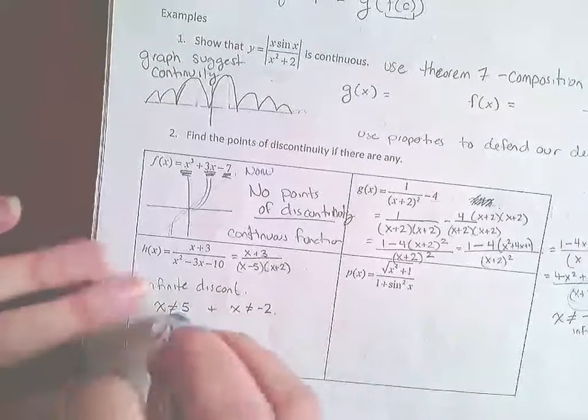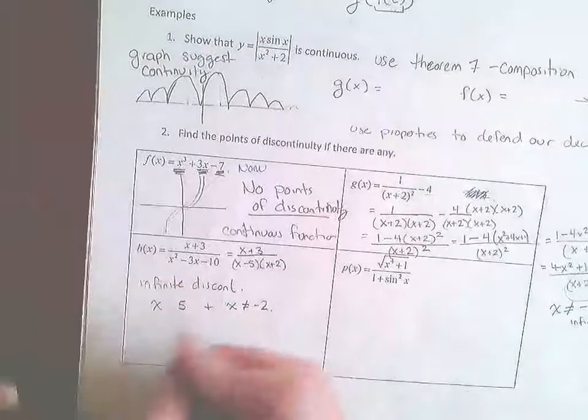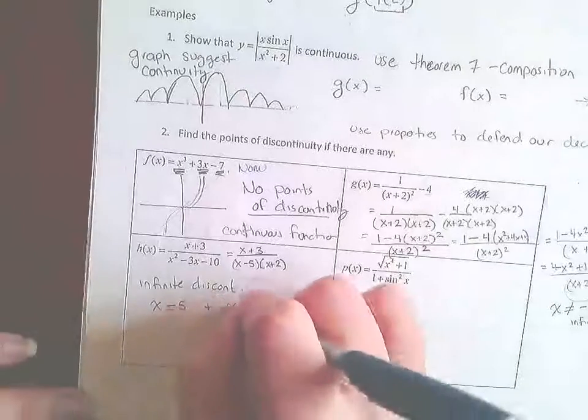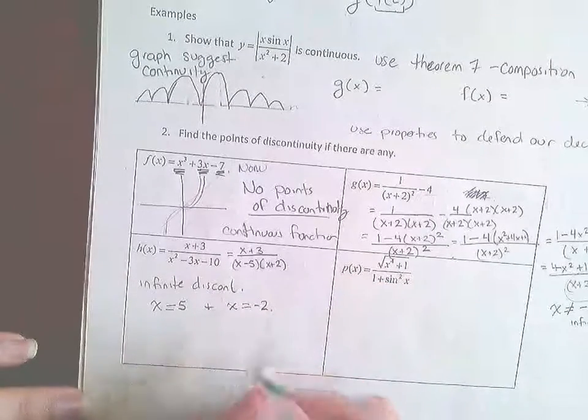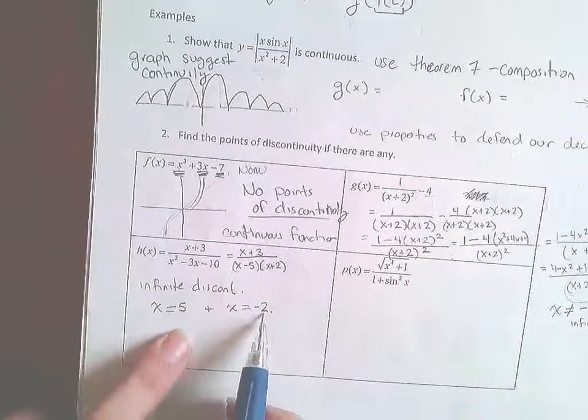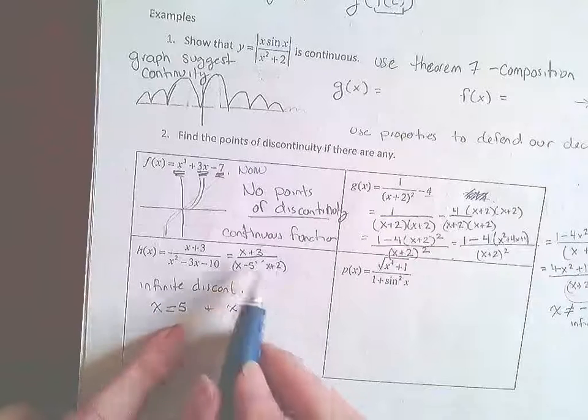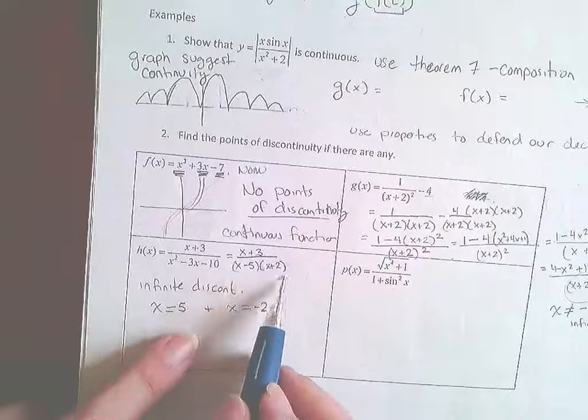So there's two ways that you can say that. The infinite discontinuity is at x equals 5, and it is at x equals -2, but we have to understand that that means that this function can never be 5 or -2.